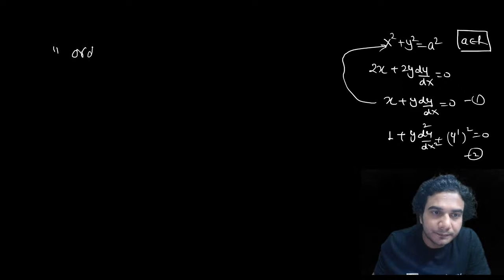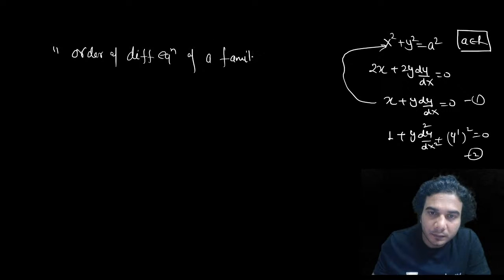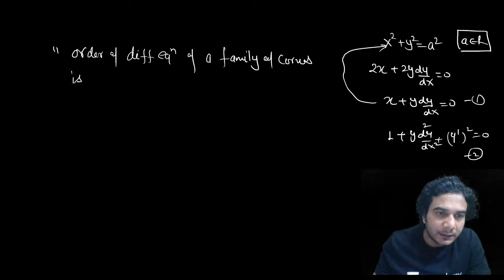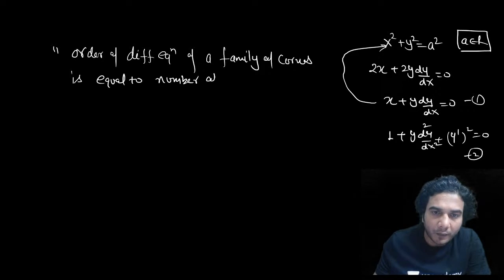Order of differential equation of a family of curves is equal to number of parameters involved, number of distinct parameters, okay?